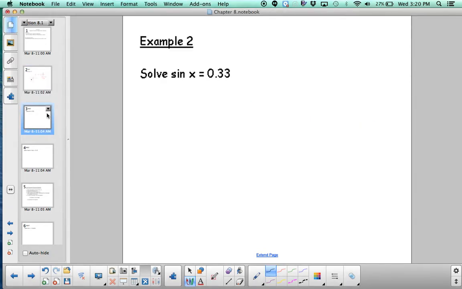Alright, and now for the next example, we're solving the sine of x is equal to 0.33. So there's a couple of different ways to do this. First, you can put this equation in as y1 and put this in as y2, and then find out where the two intersect.